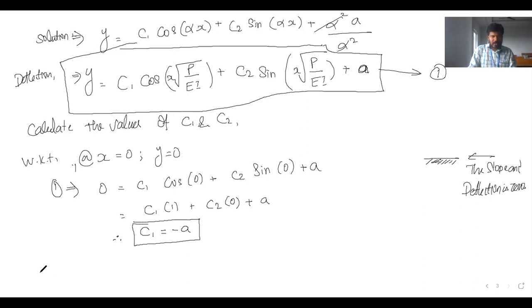Next boundary condition: at x is equal to 0, dy by dx is equal to 0, that is, slope is equal to 0. For this we have only y in equation 1, so in order to get dy by dx, the above equation has to be differentiated with respect to x.